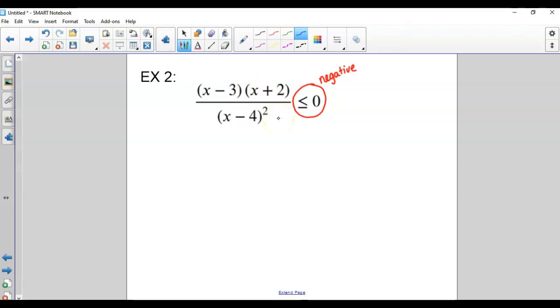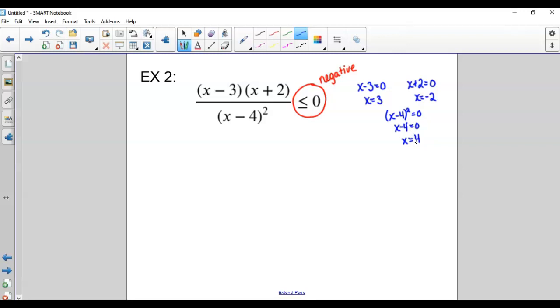We want to know any of the values that would give us a 0 either in the numerator or the denominator. So x minus 3 equals 0, so that would be x equals 3. We've got x plus 2 equals 0, so that would be x equals negative 2. And then we've got x minus 4 squared equals 0. If you square root both sides, you'll just get x minus 4 equals 0, so x equals 4.